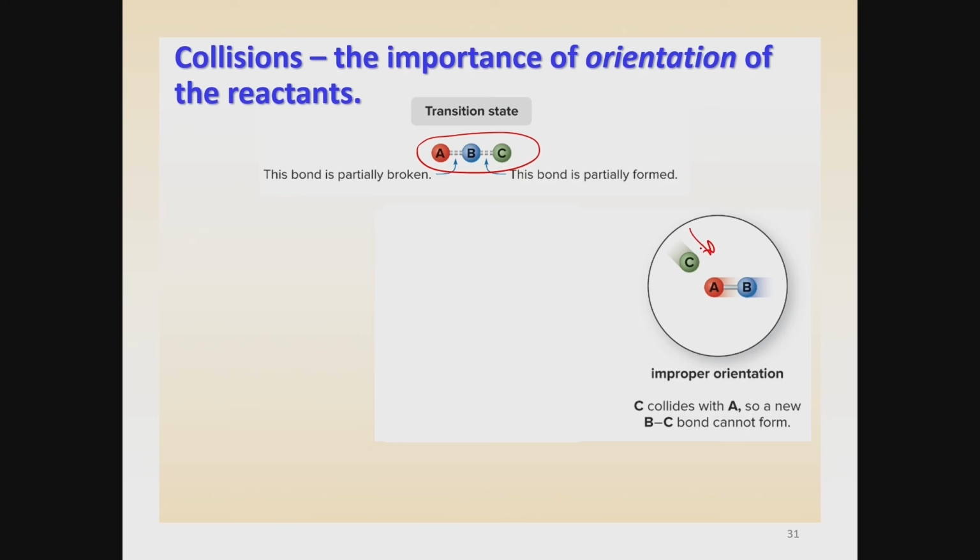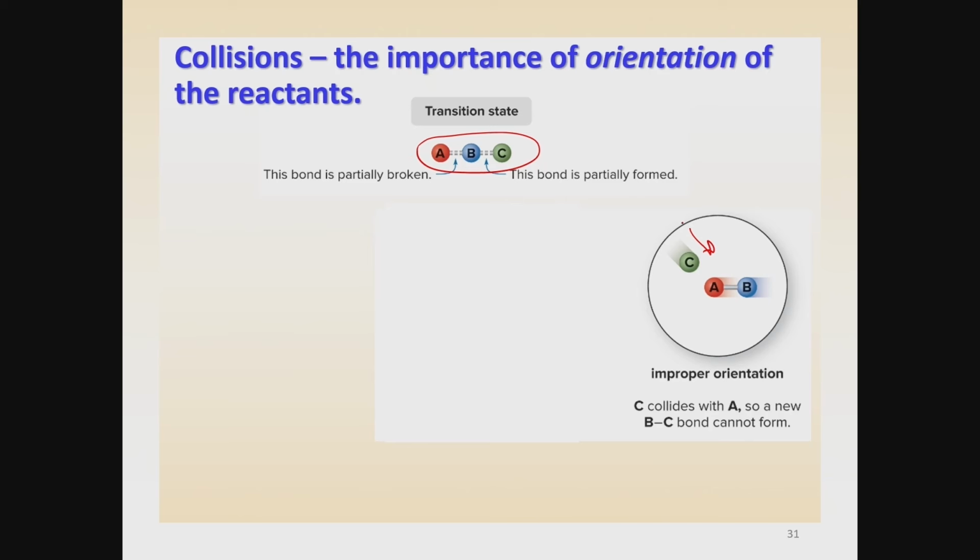And so we might ask, is C at the right orientation such that it can bond to AB and you get that transition state? And so if you actually look at the transition state, what you can see is C is forming a bond on B on the opposite side where the bond to A is breaking.